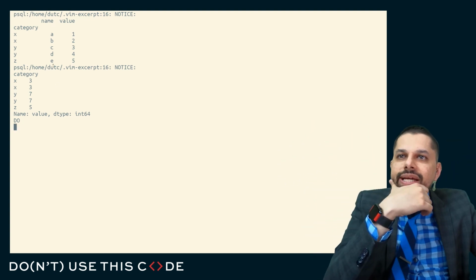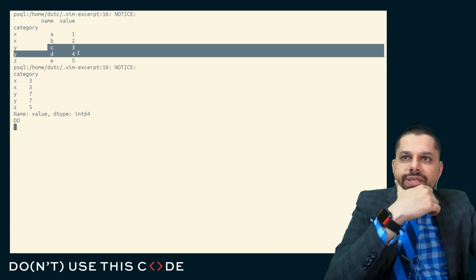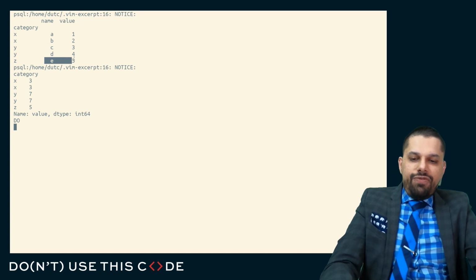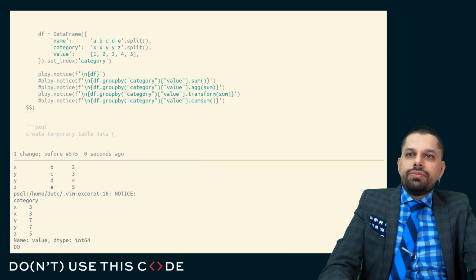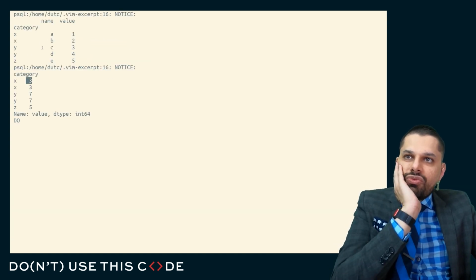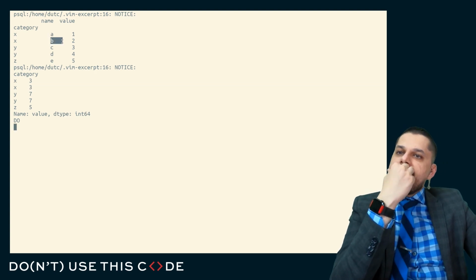And so here, it grouped up the A and the B, and it gave me the 1 and the 2. It grouped up the C and the D, and it gave me the 3 and the 4. It grouped up the Z and the E, and it gave me the 5. And if I put in that name column as well, you would see that this row corresponds to this row up here, and this row corresponds to this row up here, and so forth and so on.